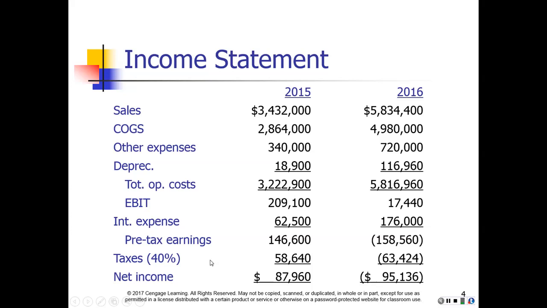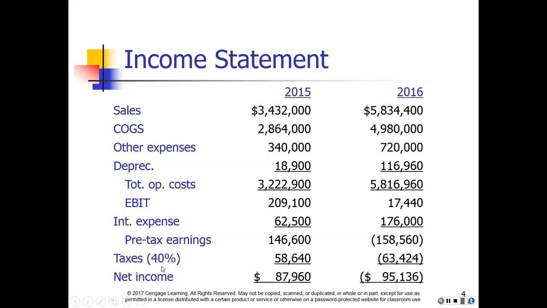Then subtract taxes. In this case, it's 40% of this amount, 146,600, 58,640, and you know that the corporate tax rate is not 40%. It never really was 40%, but it was in the high 30s, and now even the highest tax bracket, I believe, will have a tax rate of 21%.